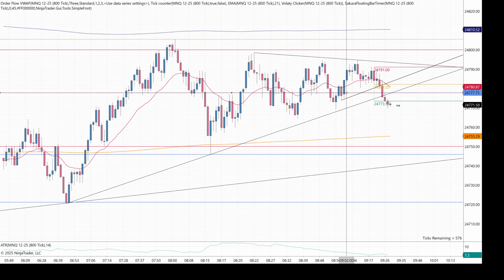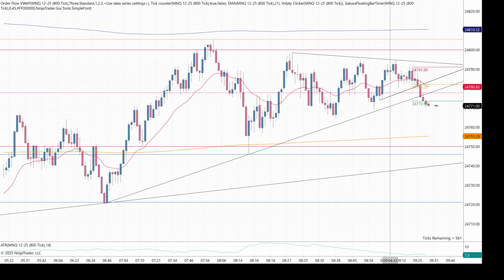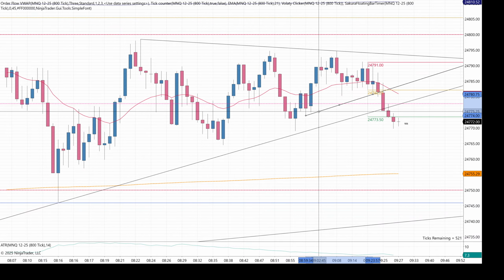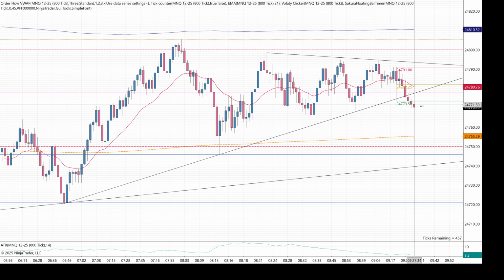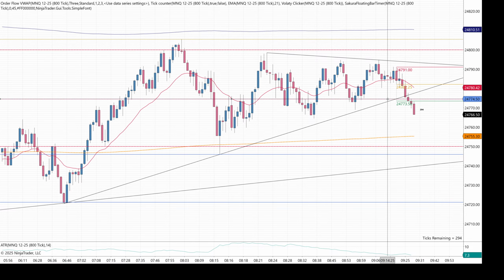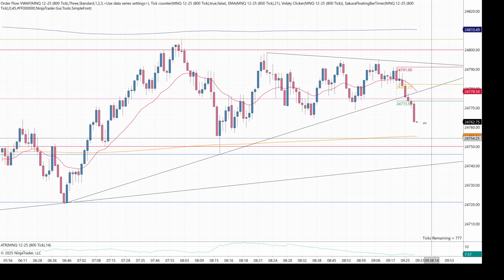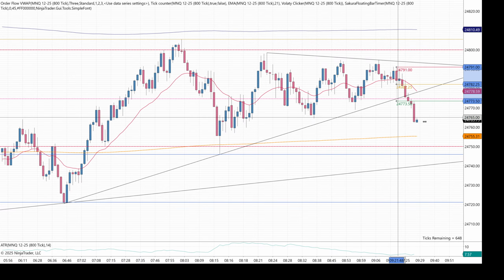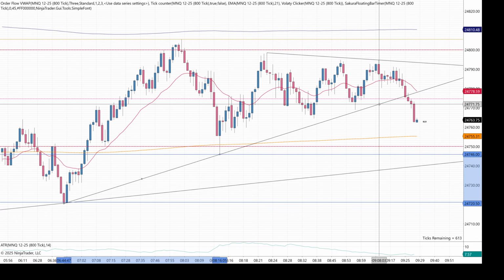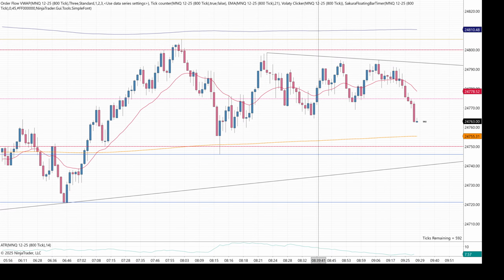The runner is running. Could also come down and retest VWAP down here. Looks like that's what sellers want to do. All right, this line is no longer valid.